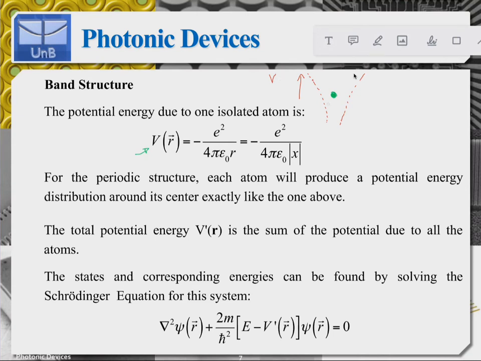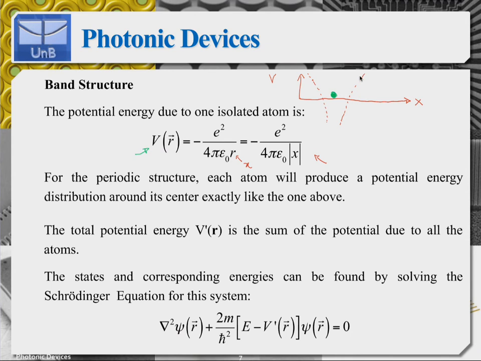Now on the other hand, on this axis you have the one-dimensional lattice, so let's consider that this dimension is x. We can replace r with x and we get this right here.